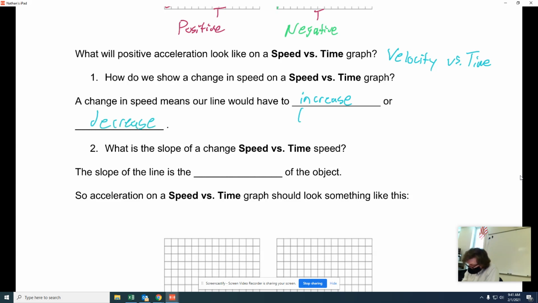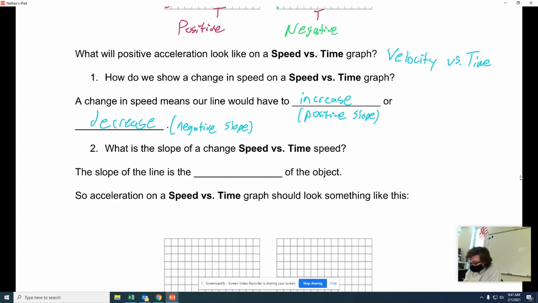So if our line is increasing, that means it has a positive slope. If our line is decreasing, that means it has a negative slope. So if the slope of our line is not zero, that means that the speed would be changing. So we would be accelerating.